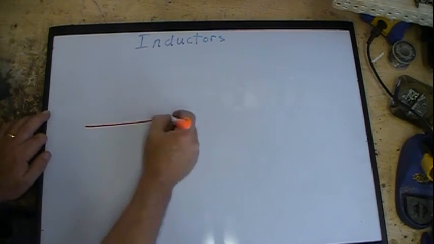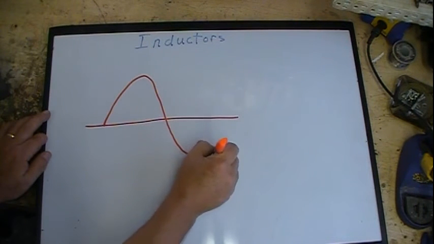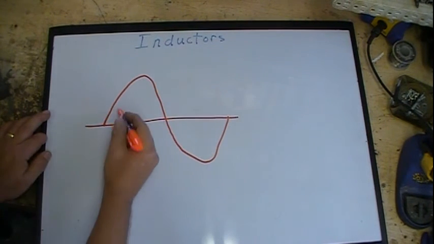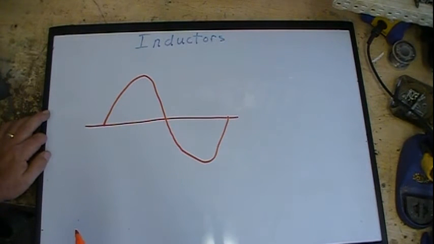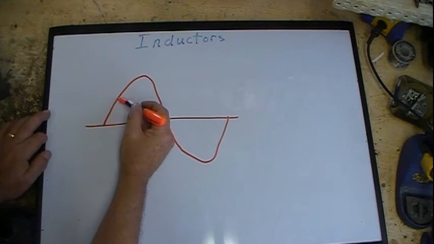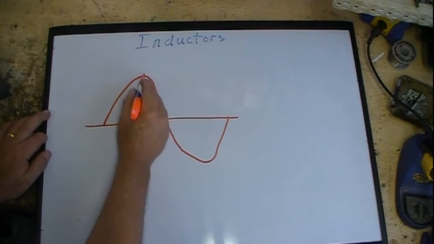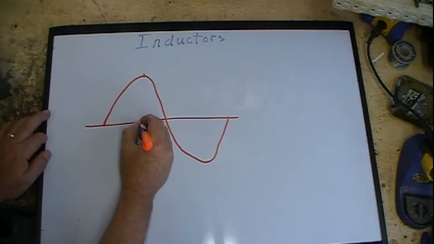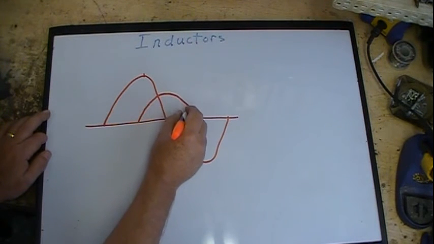If we look at our voltage as we start applying our AC to the inductor, the counter EMF is almost perfectly opposing all the way up until we get to about the peak right here at 90 degrees, and this is when you'll start seeing the current flow, and it'll be 90 degrees out of phase.